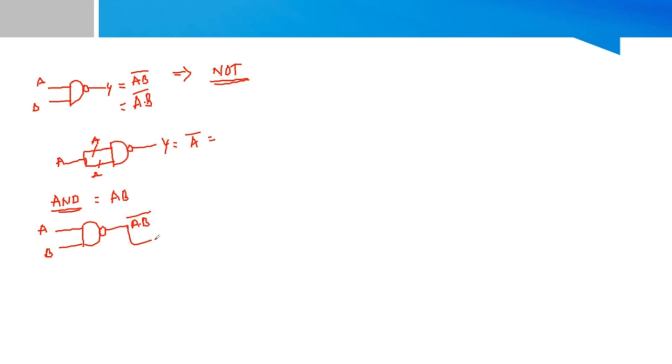So here the output should be like this. A into B whole bar will get cancelled, and you will get A into B.